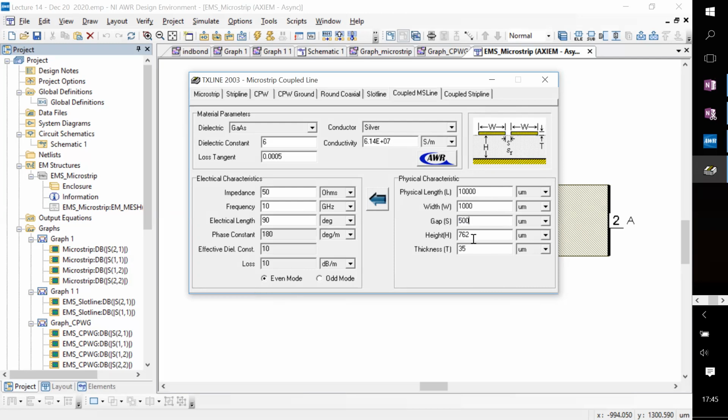Okay. Now, it should be obvious to you that if this gap was very large, okay, compared to the other dimensions, which is the width and the height, then it just looks like two independent microstrip lines, right? Essentially, if these two are far away from each other, then there is no reason to believe that they will actually interact.